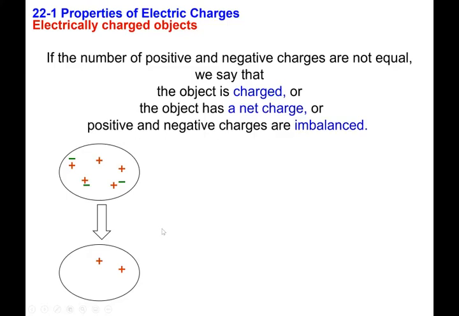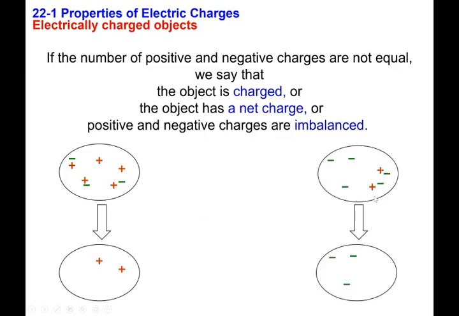So we only represent the net charge, whether it's positive or negative. In this case, we have 3 more negative charges on this object, and we only show the net charge on the object. So in this case, we have 3 negative charges. Usually in problems, we only show the net charge on an object.